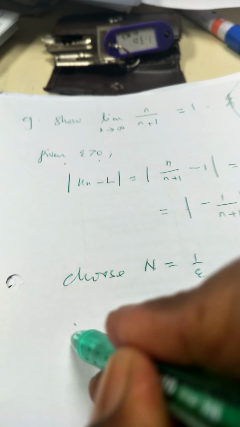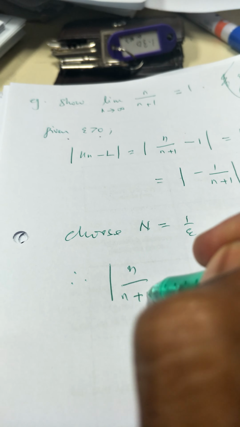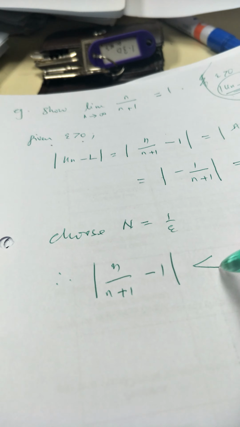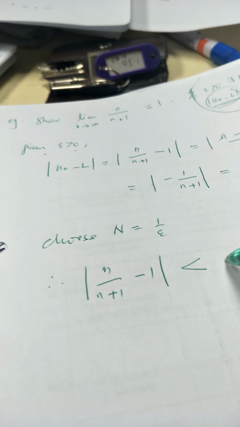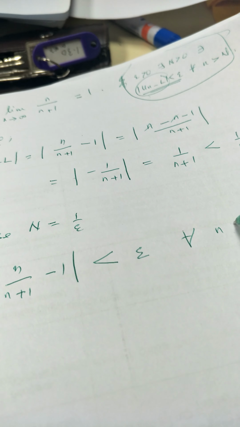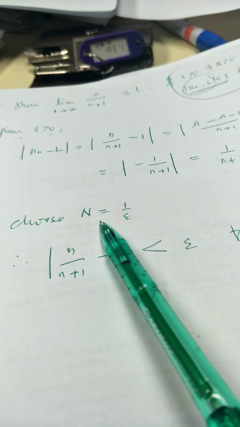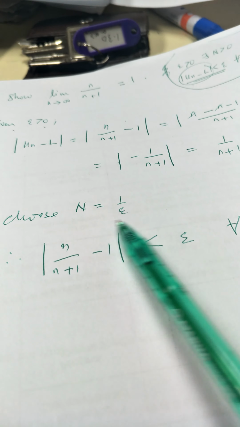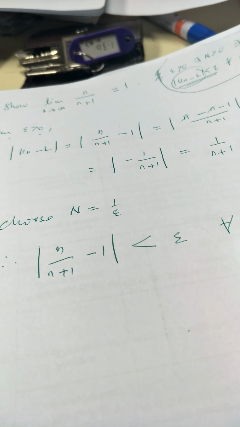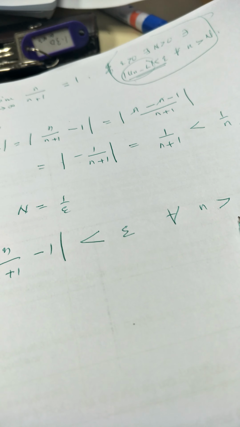Therefore, we have |n over n plus 1 minus 1| less than epsilon for all n greater than N. By choosing this capital N, 1 over epsilon, we can always have this.